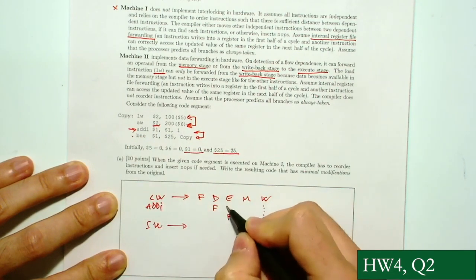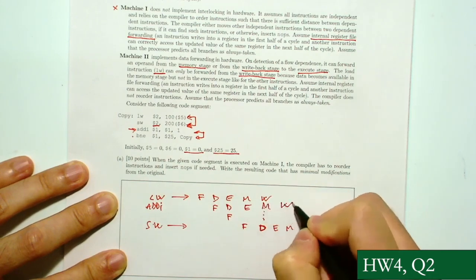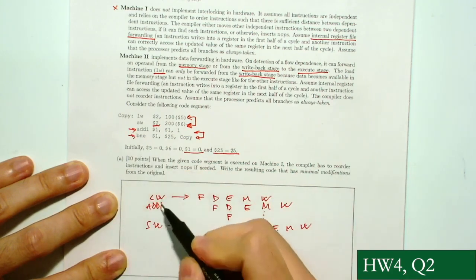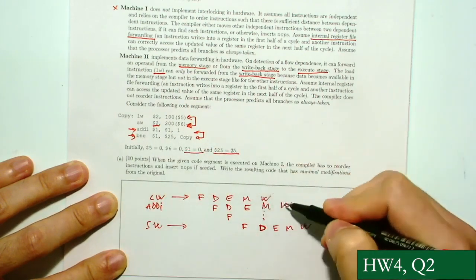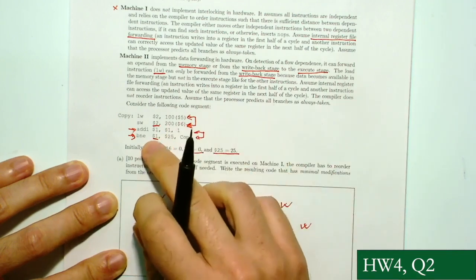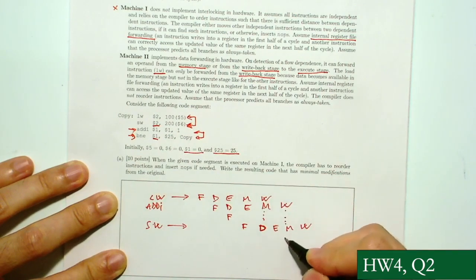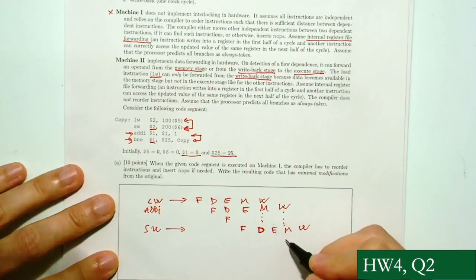So we can put this addy here. And then we cannot put, so the branch is dependent on the addy, the same. So to read the content of register 1, you have to wait for this write back, right? So we will need to execute the decode in the write back.